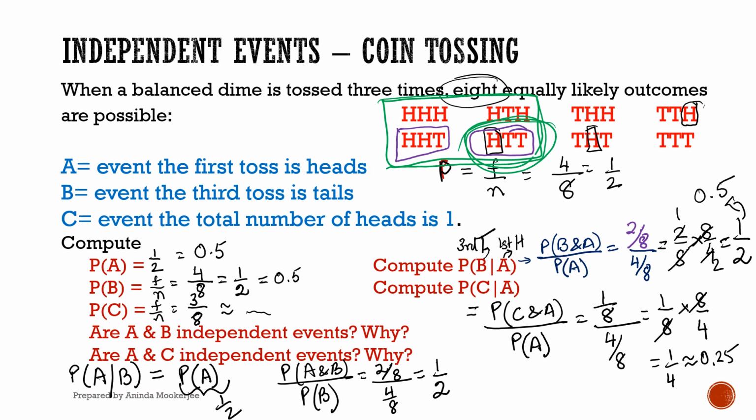So probability of A given B is also 1/2. So we can say they are equal. Okay, so they are independent. Why? Because the probability of A given B is the same as the probability of A. All right, so you should be able to now work out the last one, are A and C independent events or not. I'll leave it to you to complete the last one.